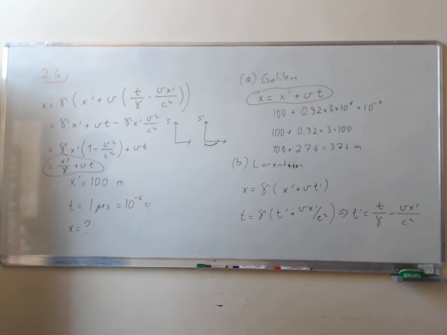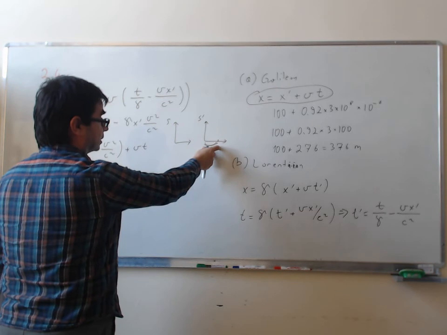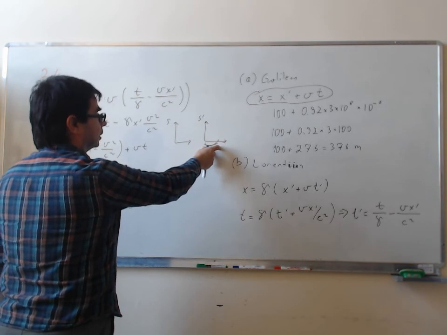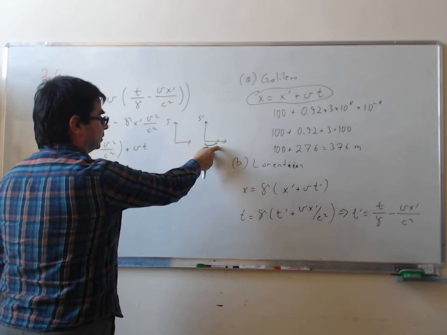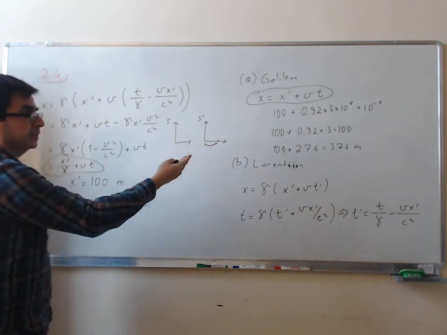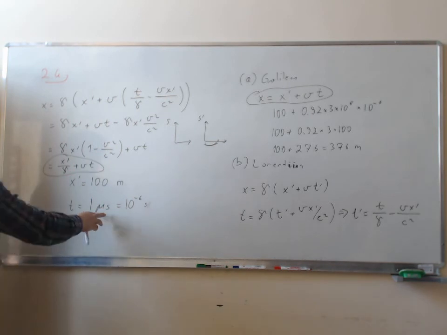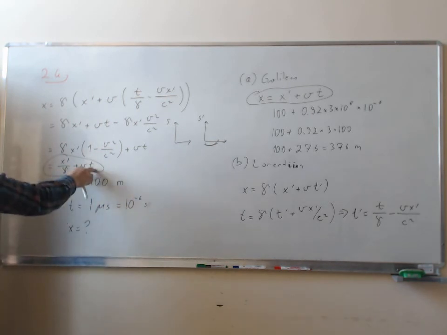So as I said, this is something you can, in principle, do with length contraction and time dilation, but it's not something I would recommend. Right? Now, to be sure, if you're very confident of yourself, you can say that what is happening here is that this thing is moving with some velocity, so it starts at a point that's contracted by length contraction, so it's not at 100 meters but 100 meters divided by the Lorentz factor, and then it is moving at some speed, the 0.92 speed of light, for some time t, 1 microsecond, so it's going to be that contracted length plus the distance it traveled.